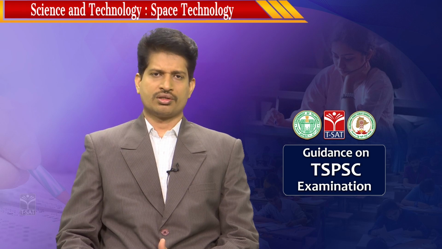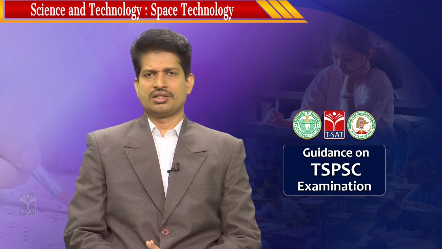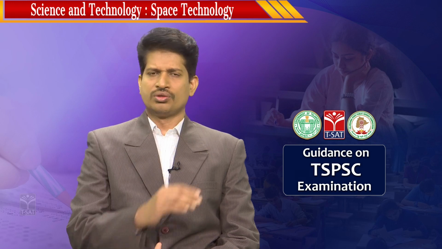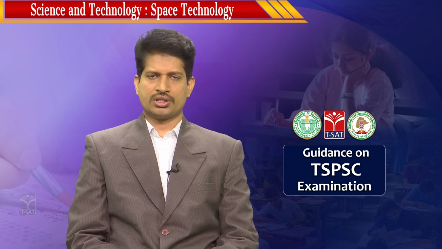In this context of communications with the help of satellites, we need to understand certain aspects of space technology in the process of communication. So, what are the different components which we need to understand?